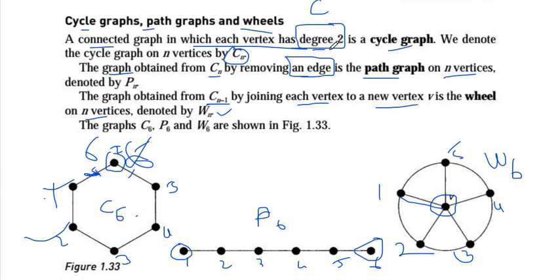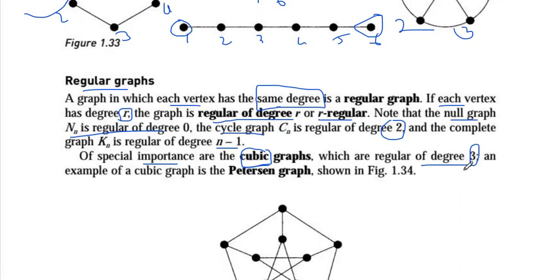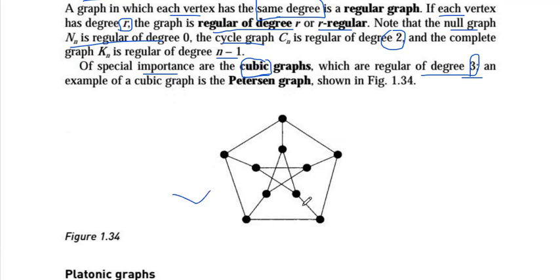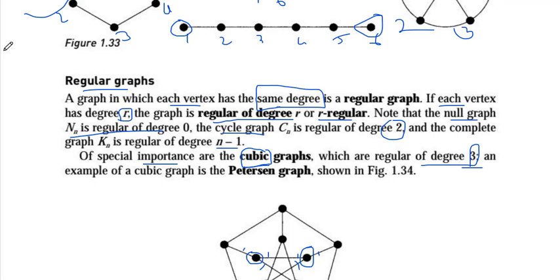If the degree is 2, we call it a cycle; if the degree of each vertex is 3, we call it a cubic graph. So this is a cubic graph. Each vertex has degree 3: 1, 2 and 3, and you can count for this vertex 1, 2 and 3, and for this vertex 1, 2 and 3. The degree of each vertex is 3, so it is called a cubic graph. So for a regular graph, all the vertices have the same degree.